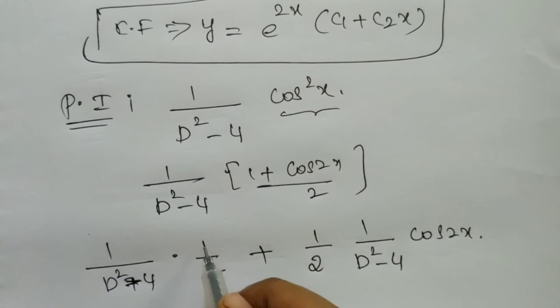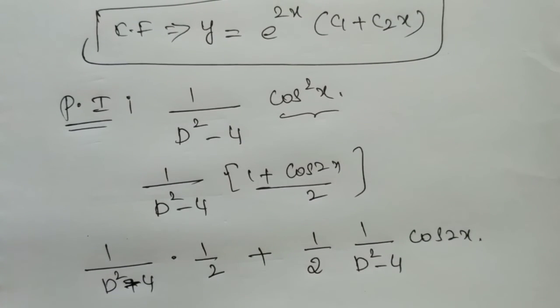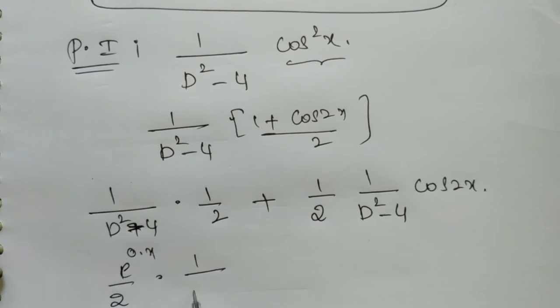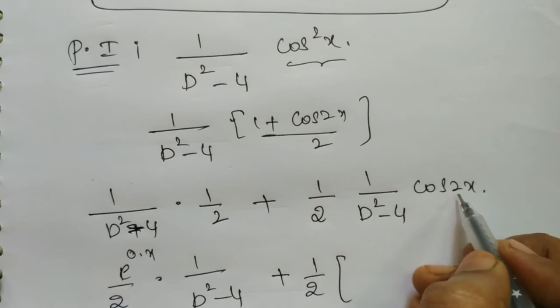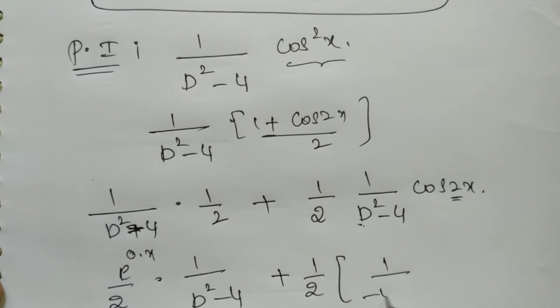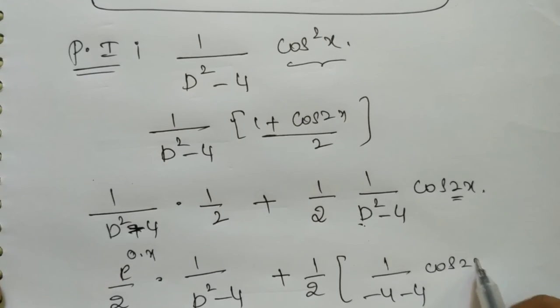Here, in place of 1 I am writing e power 0x. So 1 by 2 of 1 by D square minus 4, plus 1 by 2 of, in place of D square writing minus 4, so 1 by minus 4 cos 2x.